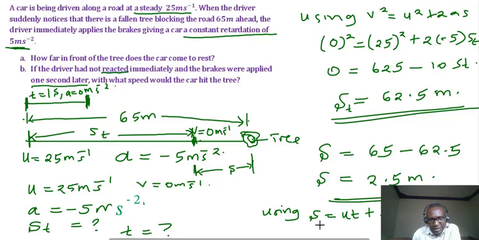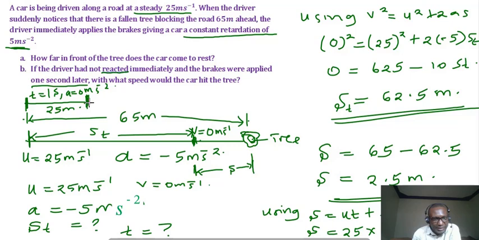So we are remaining with getting the distance it travels within that delay of 1 second. So this is going to be 25 times time, which is now 1 second. This implies that in that delay, this driver was able to move 25 meters. So from here to here, we have 25 meters.